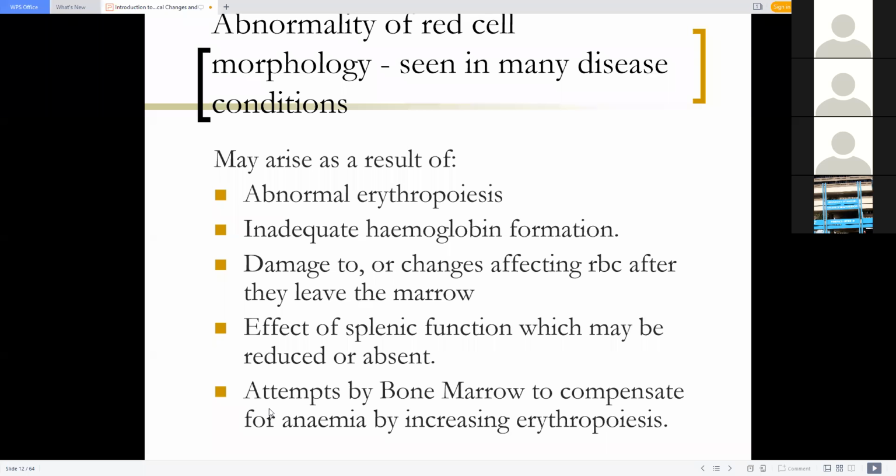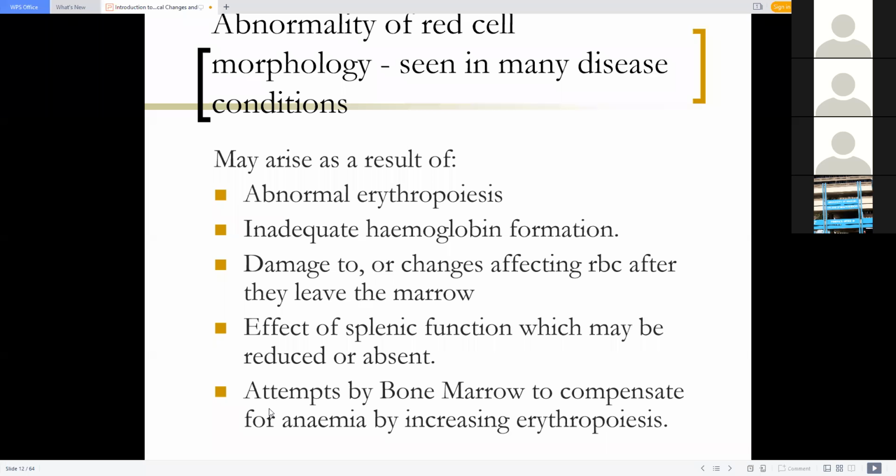It's a central mineral that is required in hemoglobin metabolism or hemoglobin synthesis. All right. So if you lack iron, then you'll have abnormal erythropoiesis. The cells do not have enough hemoglobin. All right. So abnormal erythropoiesis can give rise to red cell morphological changes. And if the cell is not well hemoglobinized because you don't have iron, then you're going to get hypochromic red cells because the cells are poorly hemoglobinized. So that's an example of abnormal erythropoiesis.